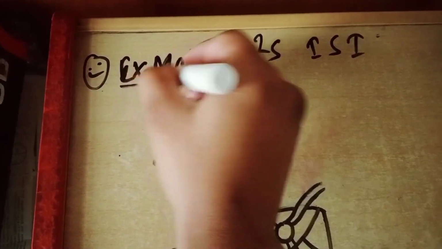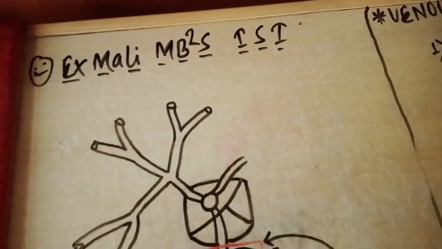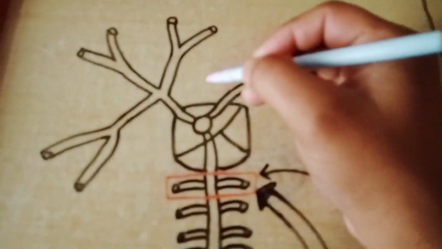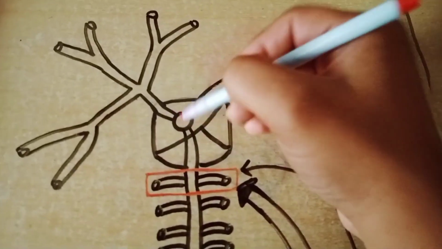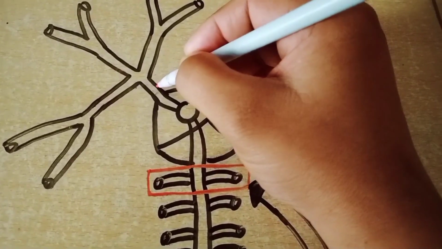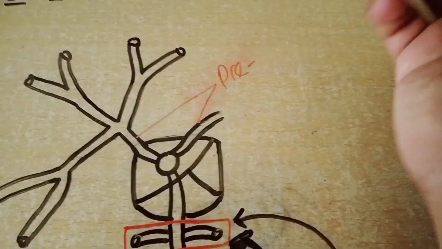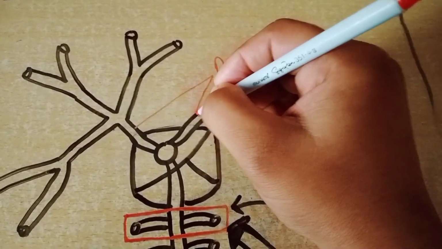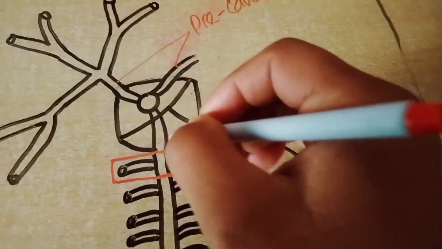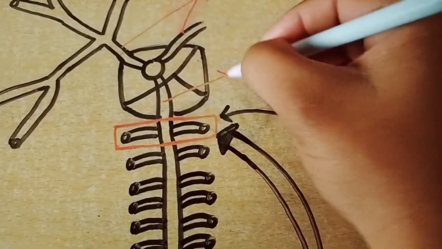In the figure, this is the heart of frog, and these two are precaval. As I said earlier, frog has two precavals, and this long one is the one postcaval.